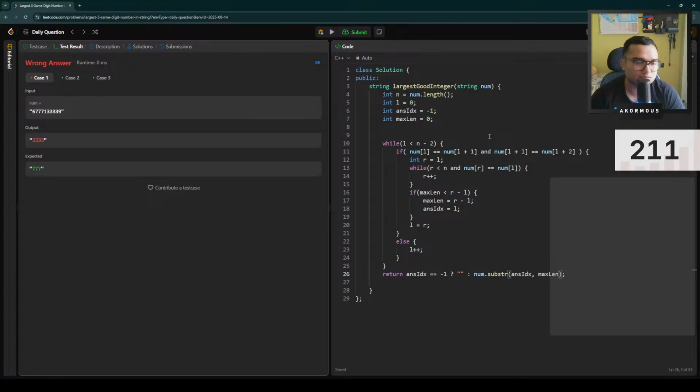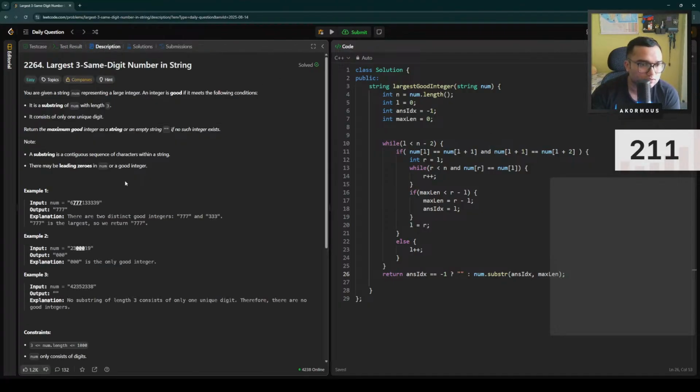Why is it 777? Have I misread the question? Return the maximum good integer as a string or an empty string. It is a substring of num with length 3. It cannot be.